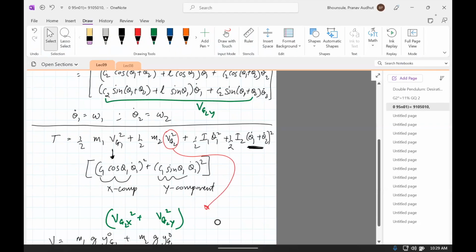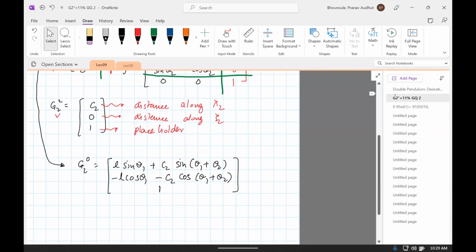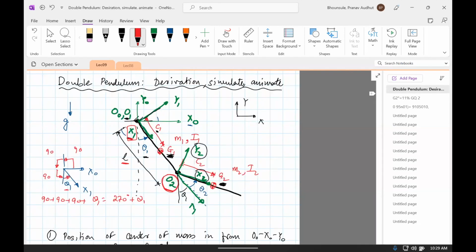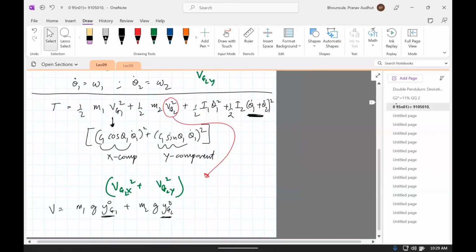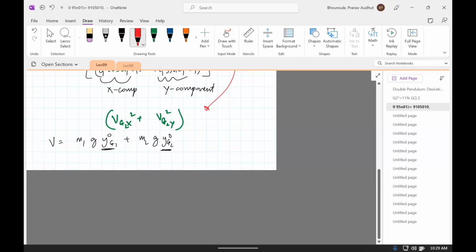If you go back to the positions, YG1 is minus C1 cosine θ1, and YG2 is minus L cosine θ1 minus C2 cosine of θ1 plus θ2.